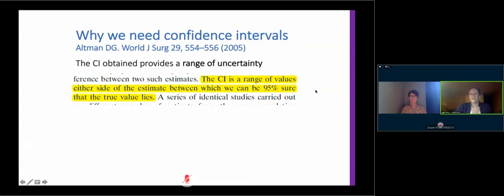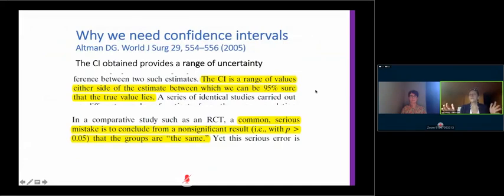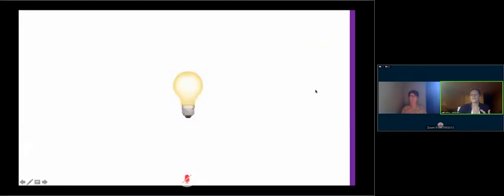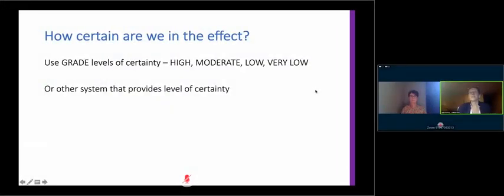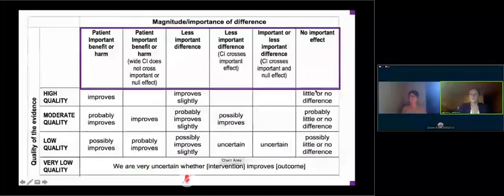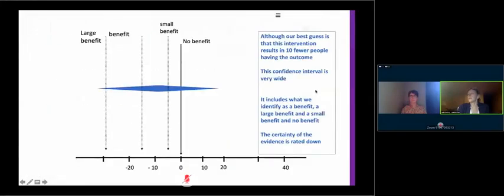Basically, what we need to do instead is look at the confidence interval and make a decision about whether that confidence interval is including too many thresholds or cutoffs, and now we just have lower certainty. That points to confidence intervals, because it is an indicator of how certain we are in the effects. That's where we need to consider it. It's not about how big the effect is, whether it's no effect or not. It's just an indicator of our confidence in that point estimate.